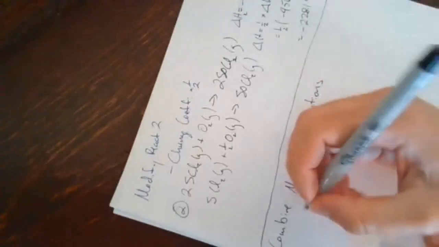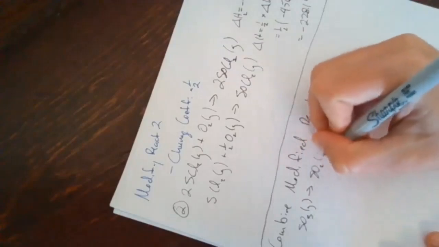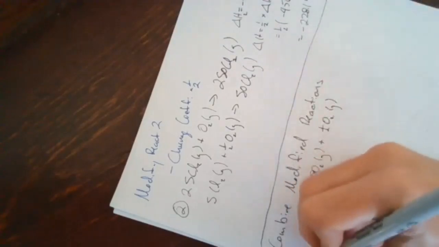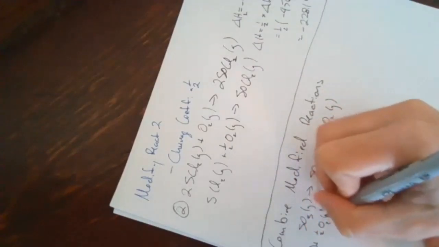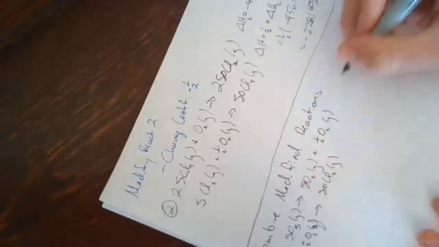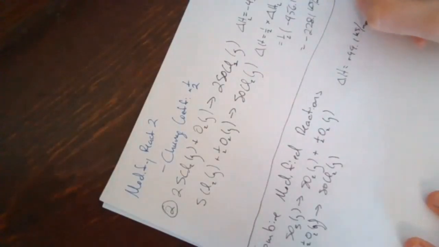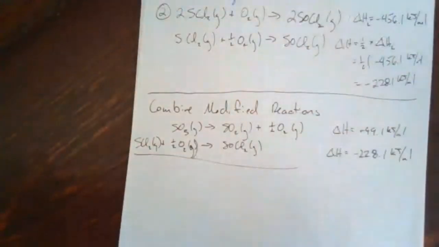SO3 gas becomes SO2 gas plus 1/2 O2 gas, SCl2 gas plus 1/2 O2 gas becomes SOCl2 gas. Delta H on this one was positive 99.1 kilojoules per mole, and delta H on this one was, what we just did, negative 228.1 kilojoules per mole. And I'm going to add them together.